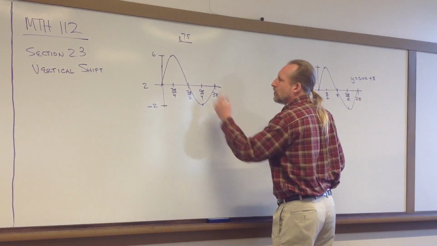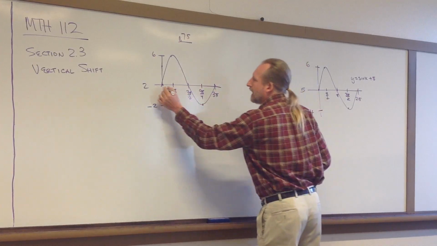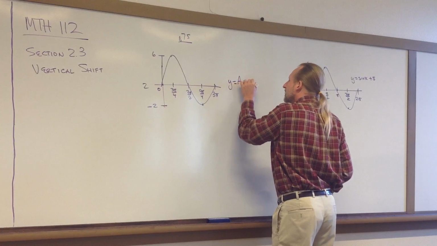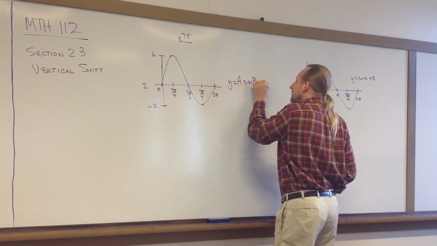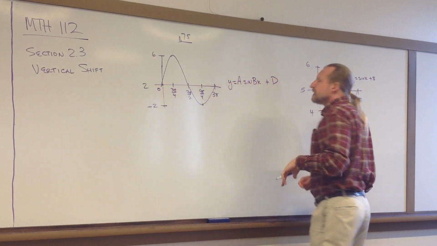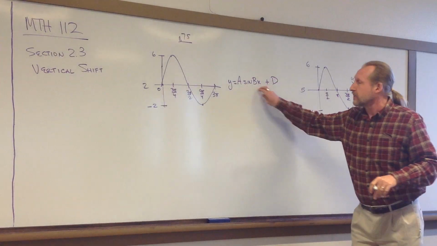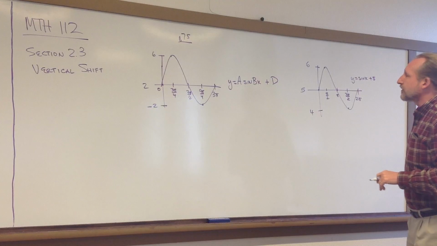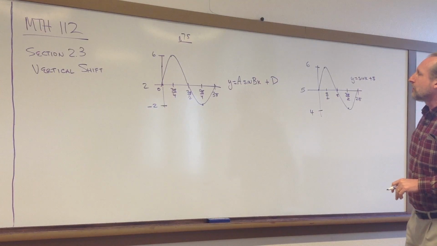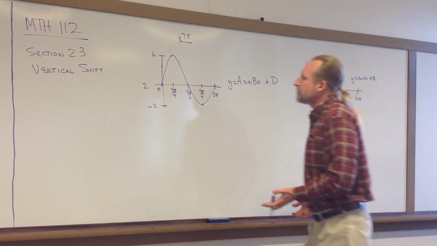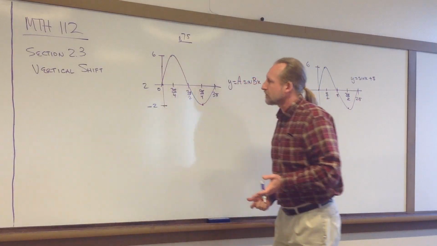So let's see here. We're going to write this as a sine function. So a sine bx plus d. In section 2.4, we'll put a c inside here and see what that does to our function. So what's been shifted? Well, it's been pushed up 2 places, okay?